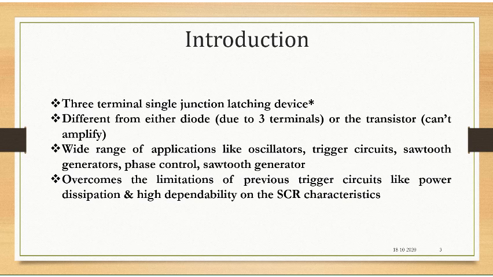When you use a UJT, this triggering circuit overcomes the limitations of the previous triggering circuits, the resistance and RC triggering circuits we discussed. There is a limitation of power dissipation, and the functionality of the trigger circuit depends on the SCR characteristics, where we have to check the minimum required voltage.